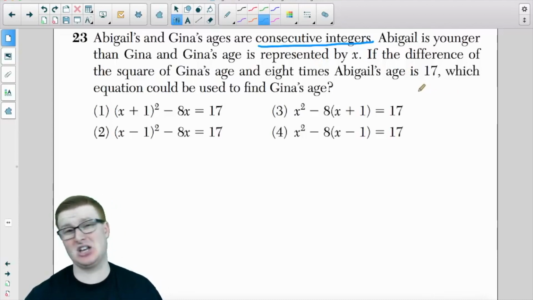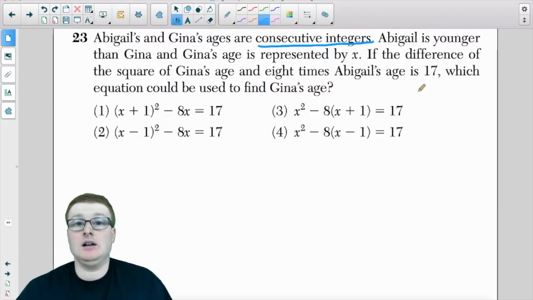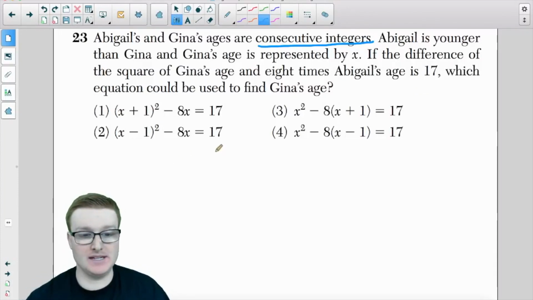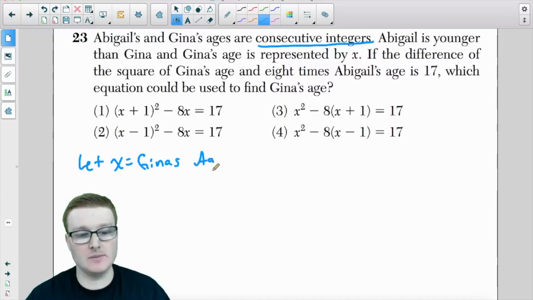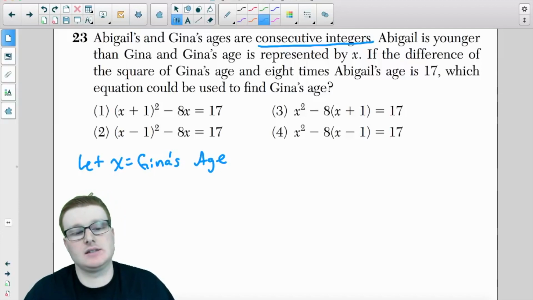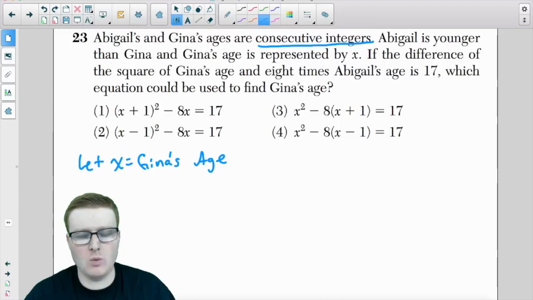Oh, man, this is a hard question. Okay, let's take it slow here. Gina is represented by x, so I'm going to let x equal Gina's age. It all comes down to Abigail's age. Abigail's age is going to be tough. Abigail and Gina's ages are consecutive integers.